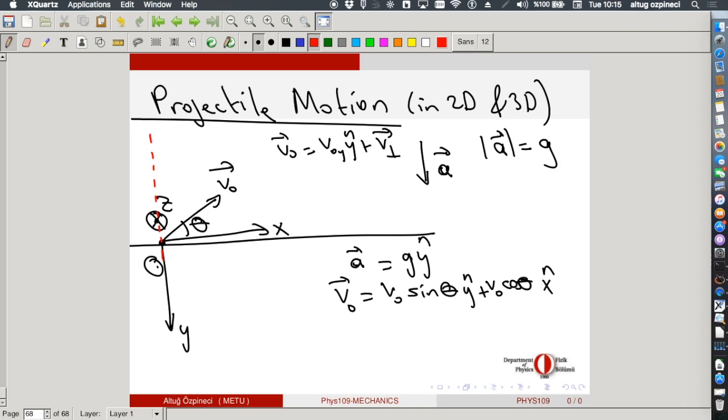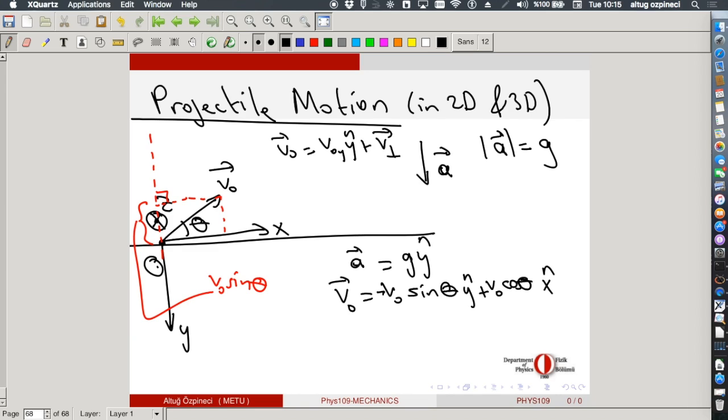We draw the perpendicular lines to the axis. Now, this length over here is V0 sine theta. It is the length. But you see, we had chosen the downside as the positive y-axis, but this point is on the negative y-axis. So we should add a minus sign over here. It's in the minus y hat direction. It's minus V0 sine theta y hat.